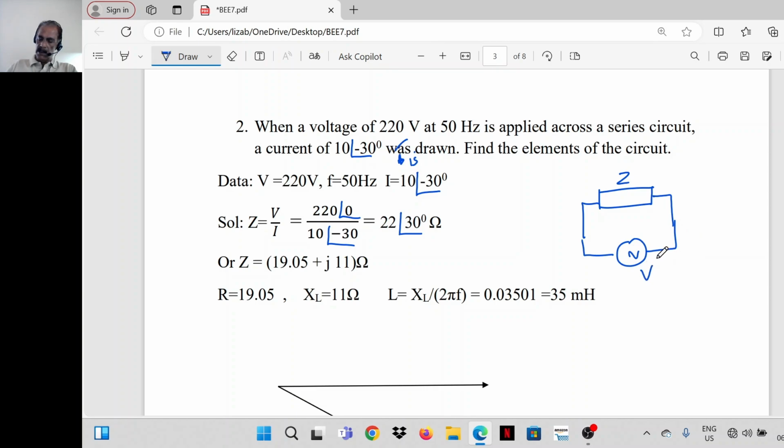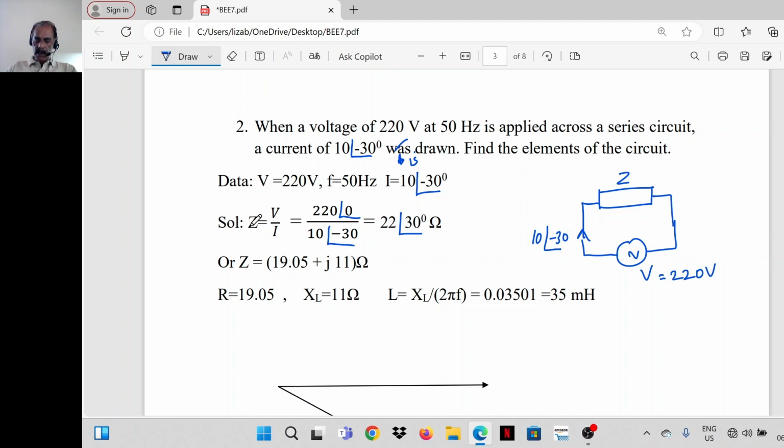The voltage magnitude is 220 volts, and the current is 10 angle minus 30. Here we have to take the voltage as the reference. No angle is given for it, so V is 220 angle 0, and I is 10 angle minus 30.